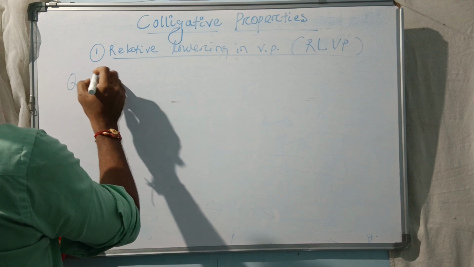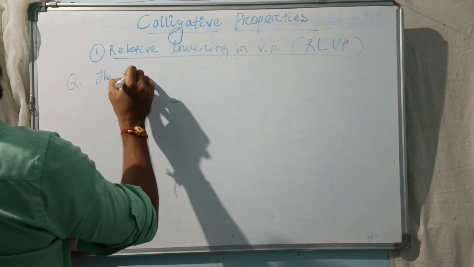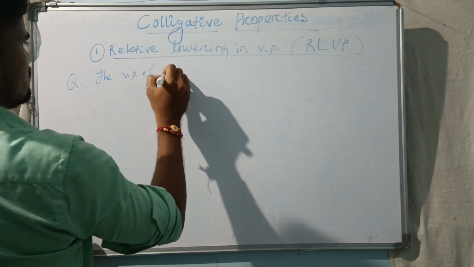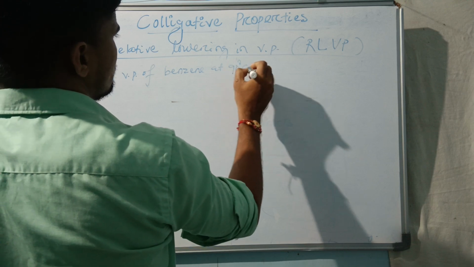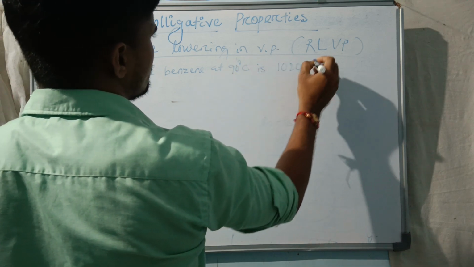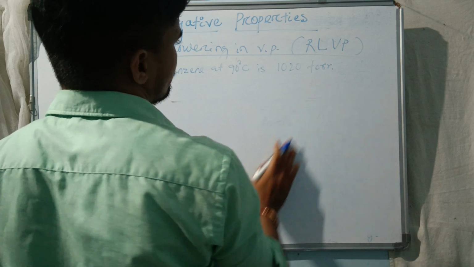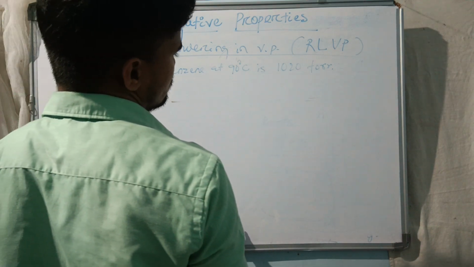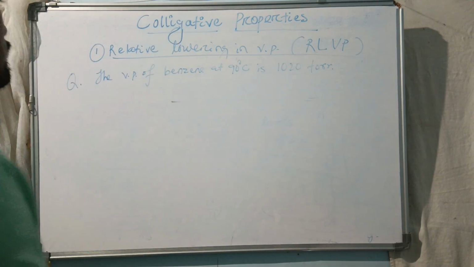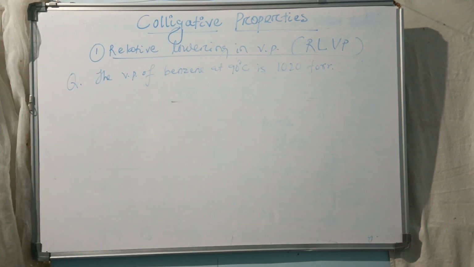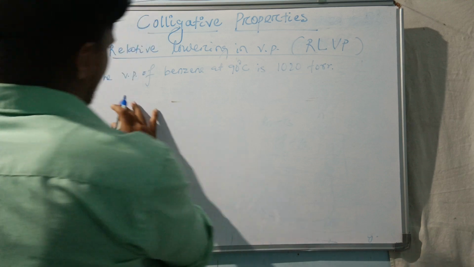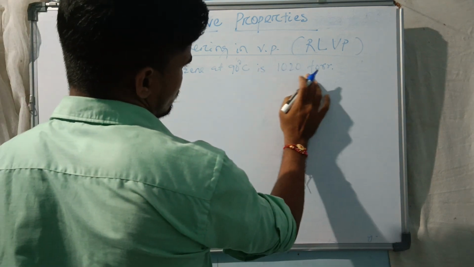Question. The vapor pressure of benzene at 90 degrees Celsius is 1020 torr.